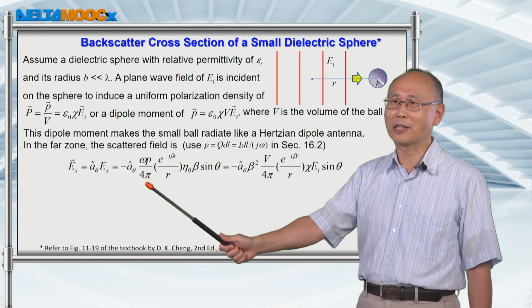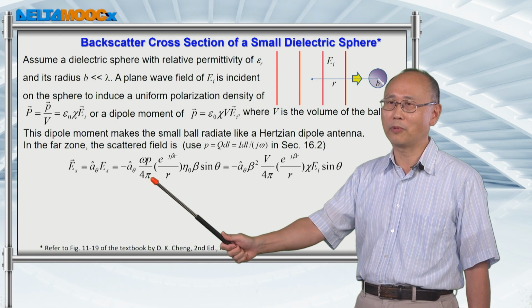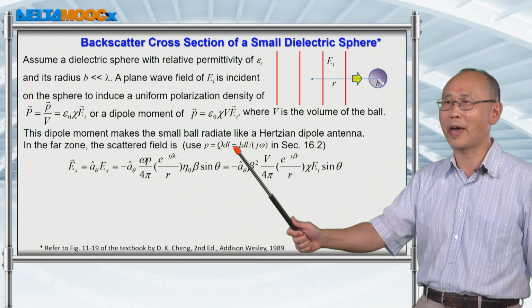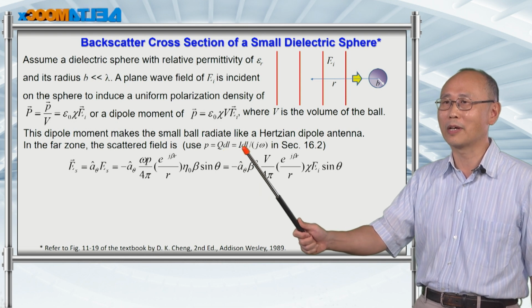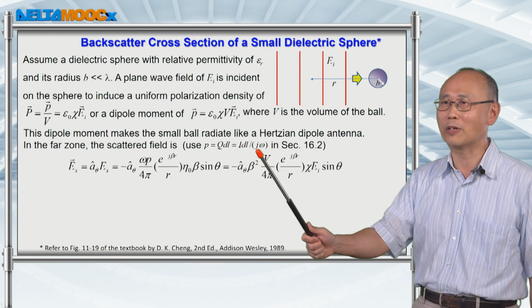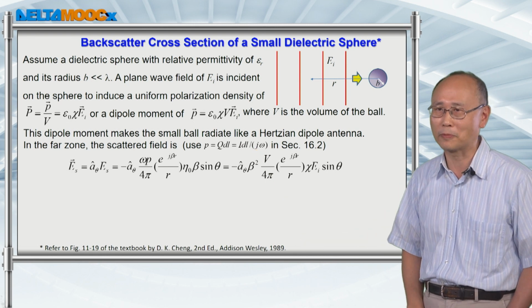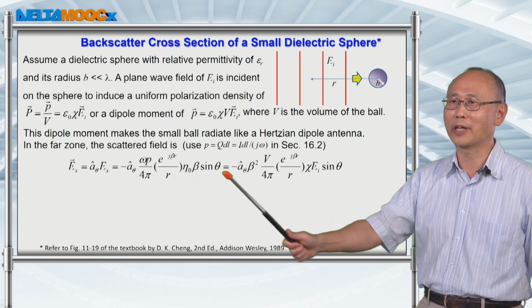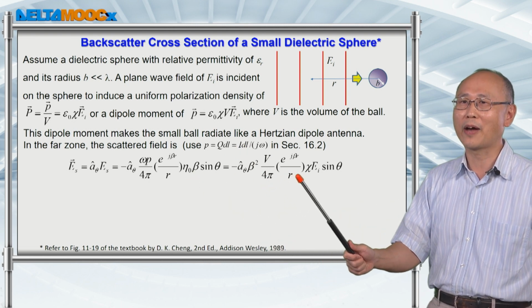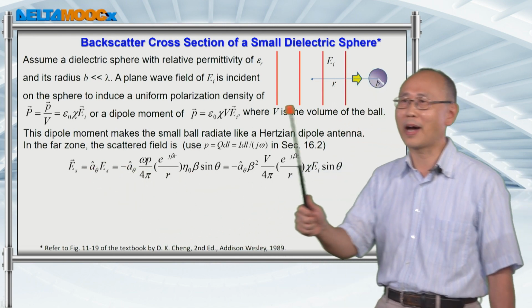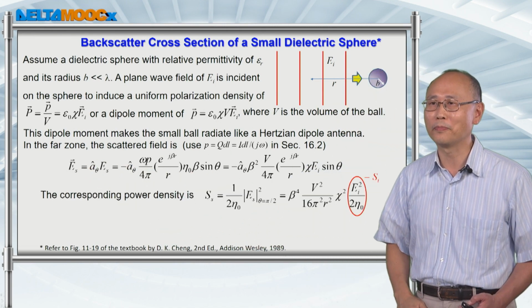So just copy down this formula from section 16.2, with the substitution of P equal to QdL, and because the current is the time derivative of Q, you drop down this j omega for the phasor expression. Put this into the expression and organize everything, and you have the scattered field radiated by this dielectric ball.